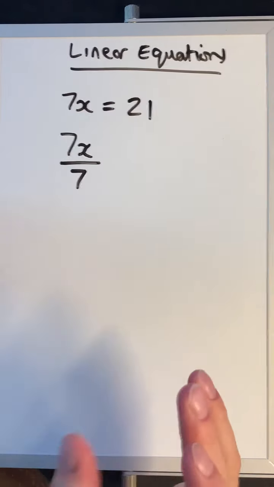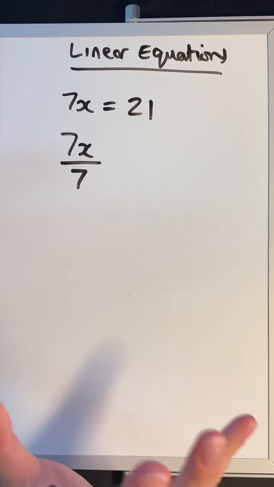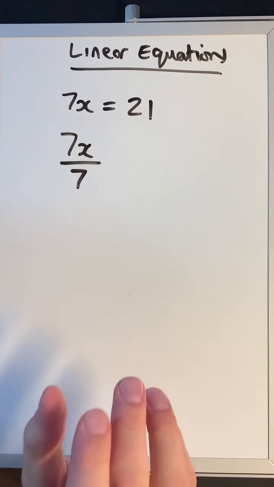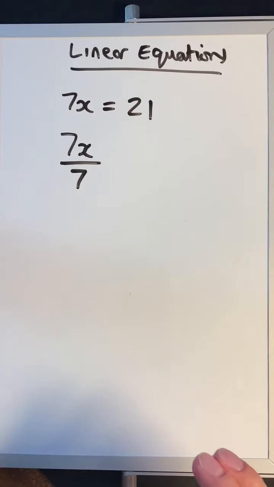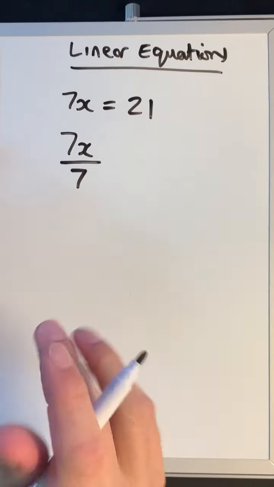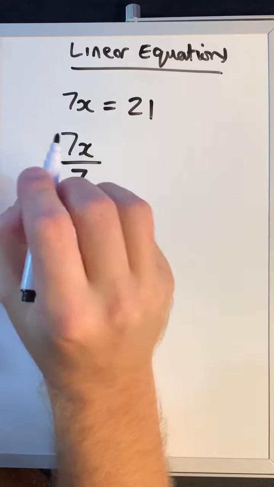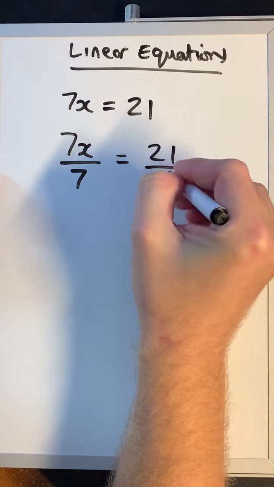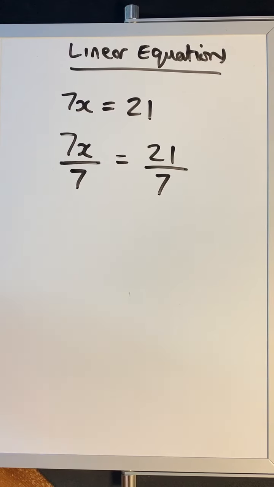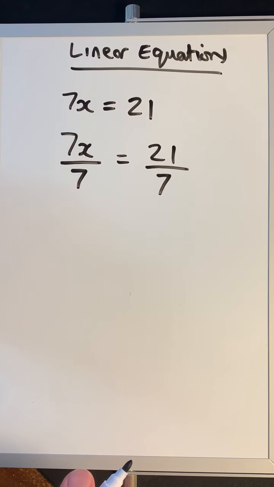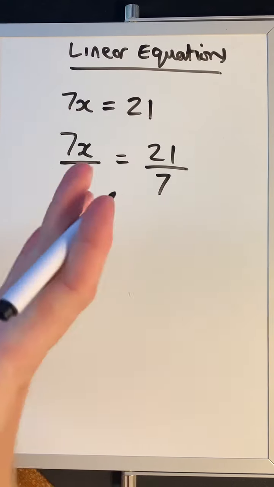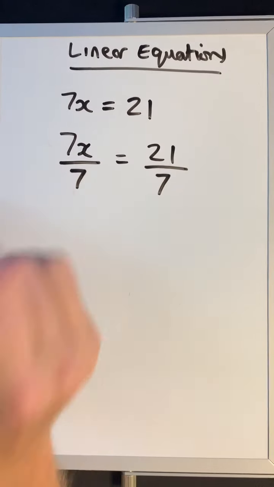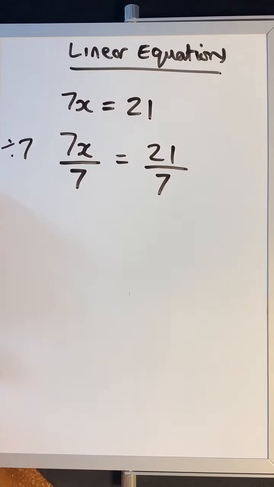But when we're looking at equations, we can't just do whatever we want to one side without doing something to the other side as well. So what we've got to remember is when we're dividing one side of an equation by a number, we have to be fair to the other side of the equation and also divide that by a number. So in this case, we've divided both sides of the equation by 7.